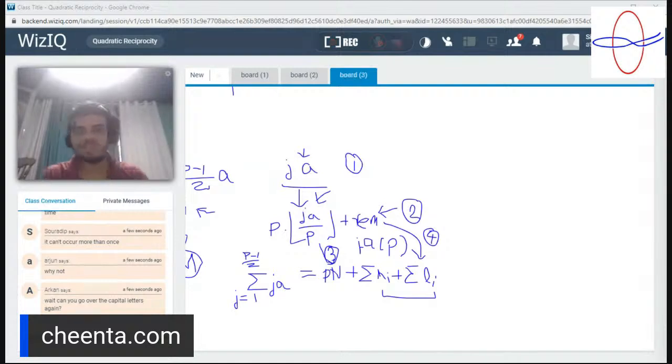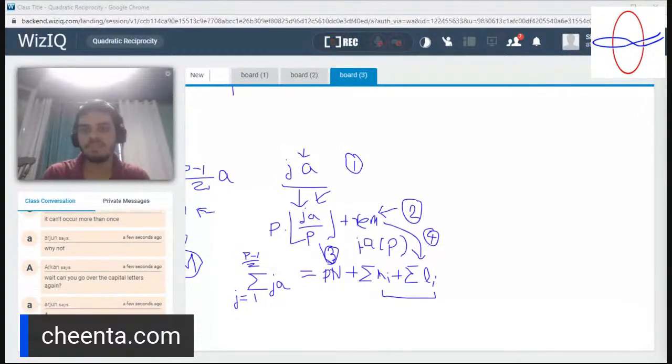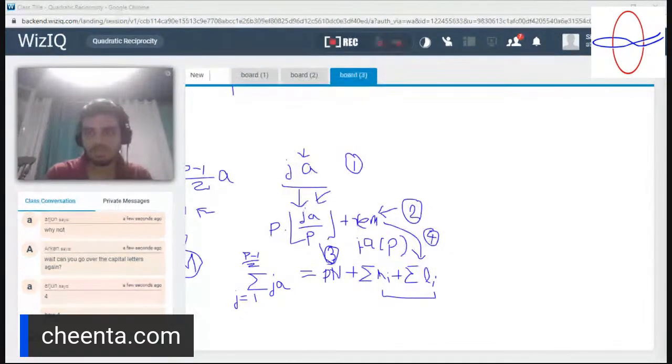Everybody should be clear with the movement from 1 to 2. The 2 to 3 should also be fine. 3 to 4 is quite non-trivial. So 1 is the same as this.